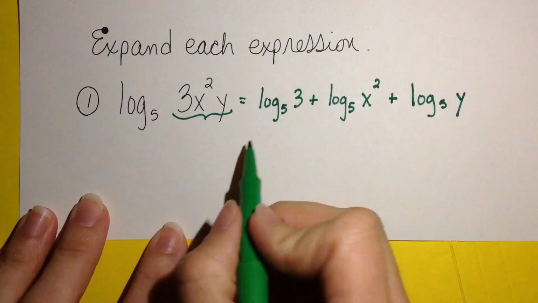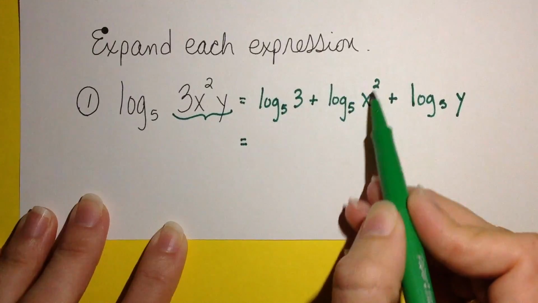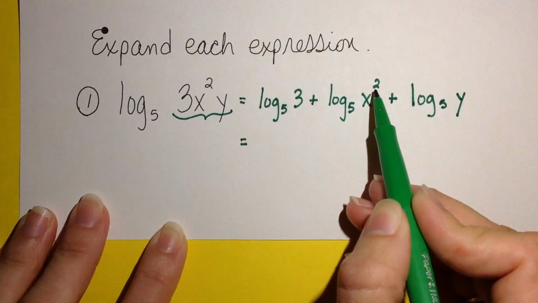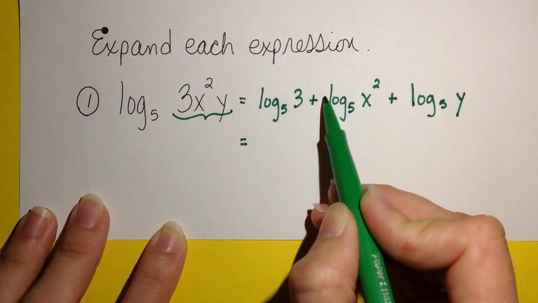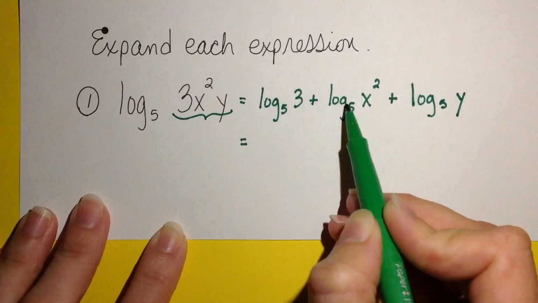Now I can go one more step, because this middle term's argument has an exponent. That's using what I labeled as the third rule. You take your exponent and put it right in front of this term, so you'll have 2 times the log.